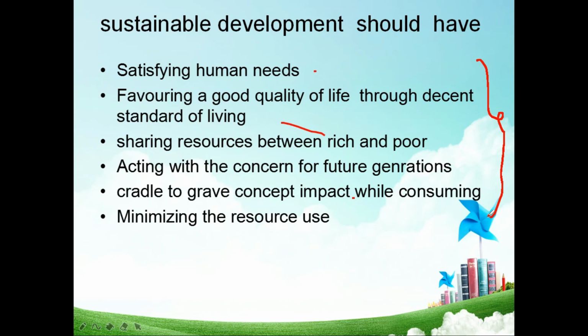Next, acting with concern for future generations means resource protection has to be done. Through what? You need to have the cradle to grave concept. That impact will tend to reduce. Thereby, you can minimize resource usage. So these things are quite cyclic in nature. One or the other of the points I have mentioned here depend upon each other.